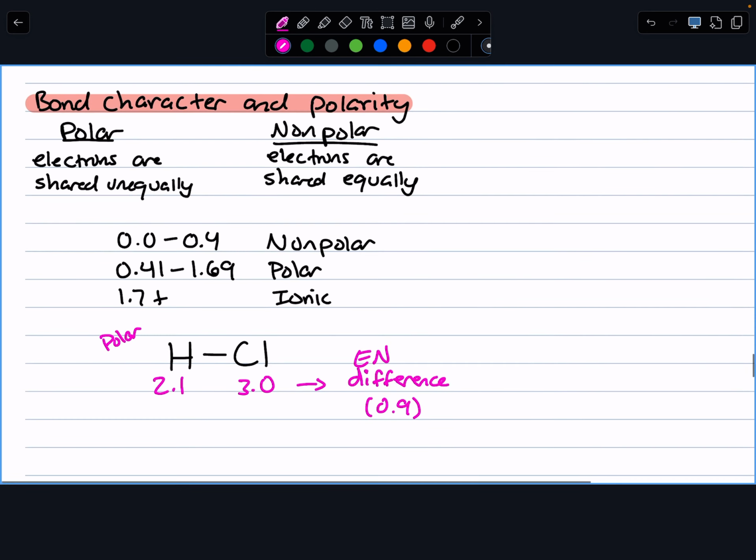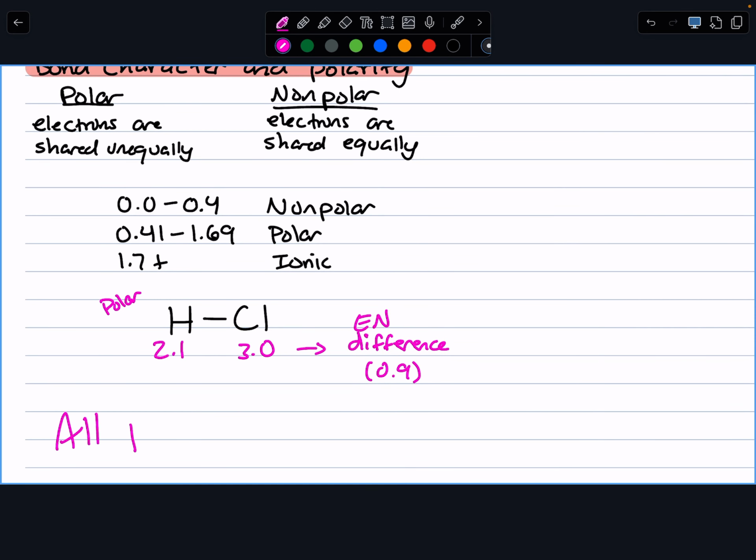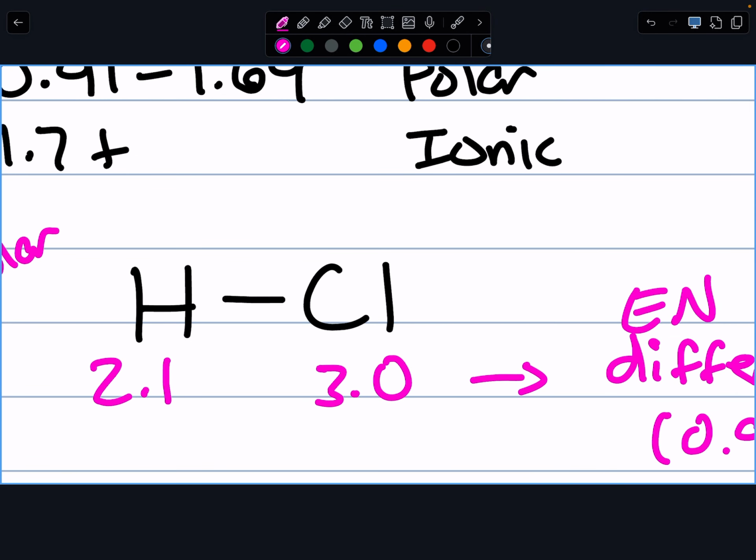Something you should know about polar bonds: all polar bonds form a dipole. What does that mean? Remember when me and Sebastian were sharing our electrons? I was holding them a little bit closer to me than him. What charge are those electrons? Negative. So if it's closer to me, could you say I'm slightly more negative than he is? Yeah. So we use this symbol called delta to represent slightly, or partial.